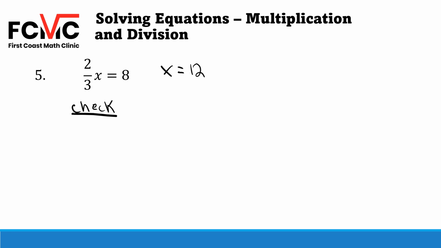so for number 5, we've got 2/3 x equals 8, and our solution for x was 12. So it's like every other check, we're going to take that 12, put it in for x. So we can write this as 2/3 times 12 equals 8. And just to make our multiplication make a little bit more sense, let's put that 12 over 1, right?